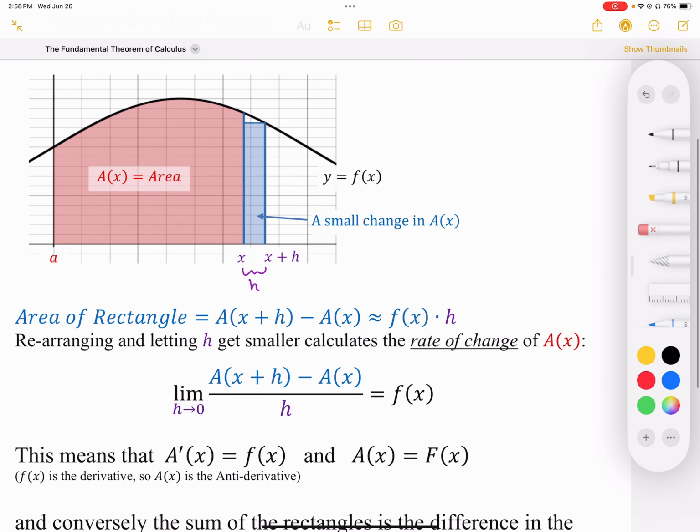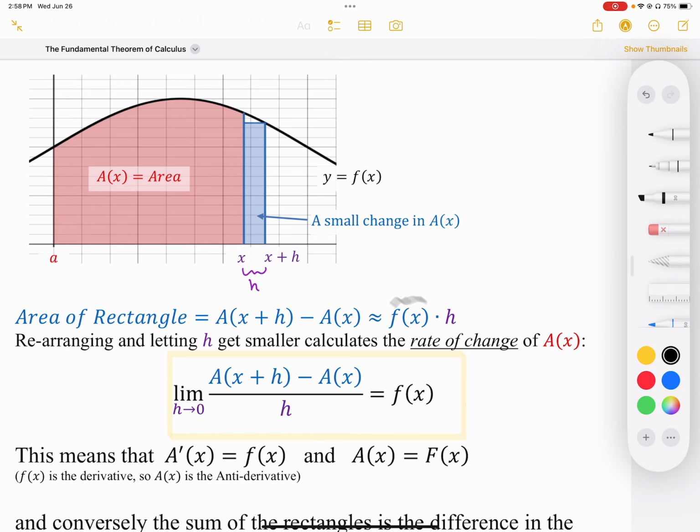And if I rearrange this expression and let the limit as h goes to 0, which I'm doing here, I can see that I'm going to end up with the exact value of my f of x function, which is what I had here.